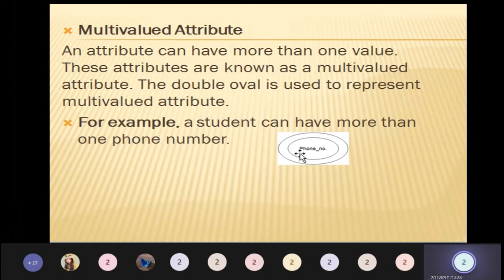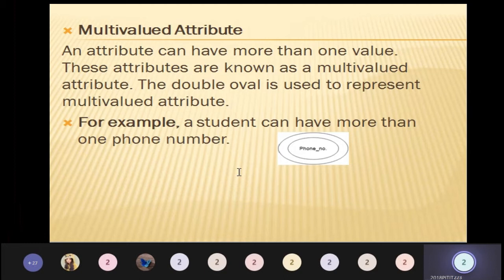Look at this figure. It shows a multi-value attribute: the student table has the phone number attribute, which is the best example of a multi-value attribute.